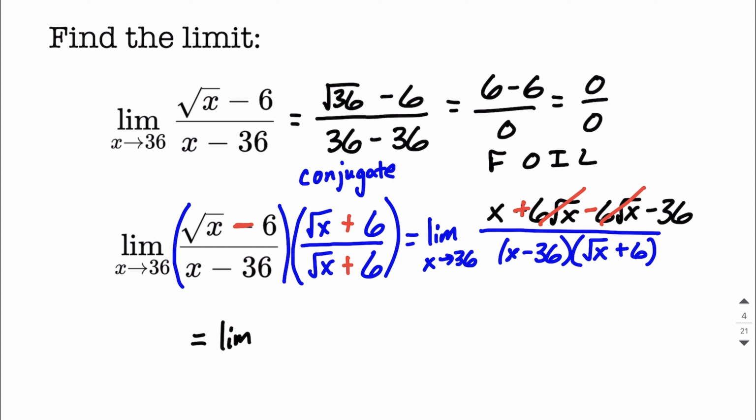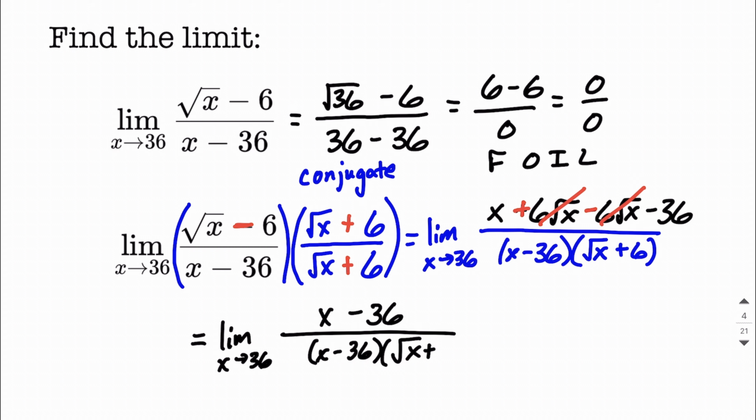Let's continue on. We have the limit as x approaches 36. And what's left in the numerator looks to be just x minus 36. Denominator, x minus 36 and the square root of x plus 6, both as factors.